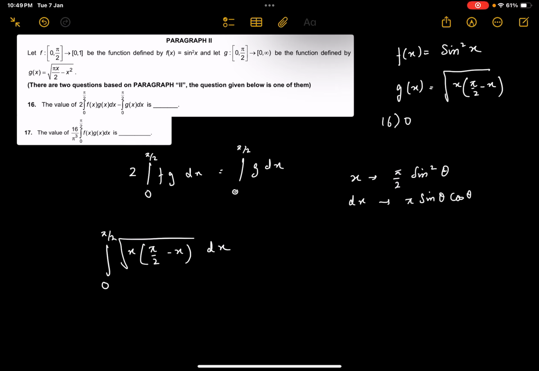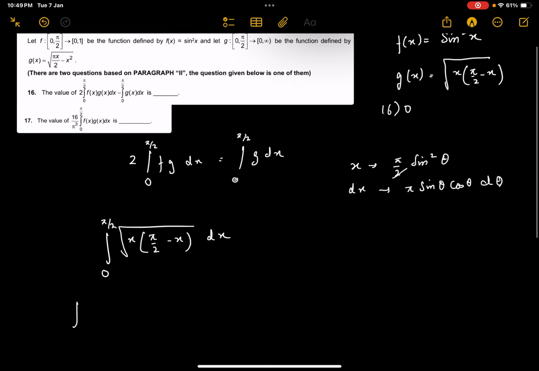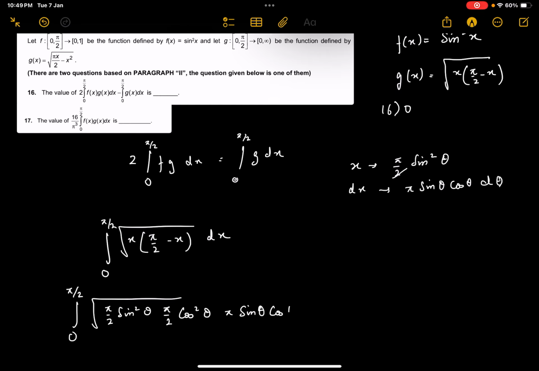We'll get a 2 from here, and the 2 will get cancelled from this, and let's make the substitution. The limits would still be from 0 to pi by 2. Root x is pi by 2 sine square theta. Pi by 2 minus x will become pi by 2 cos square theta, and dx is pi sine theta cos theta d theta.